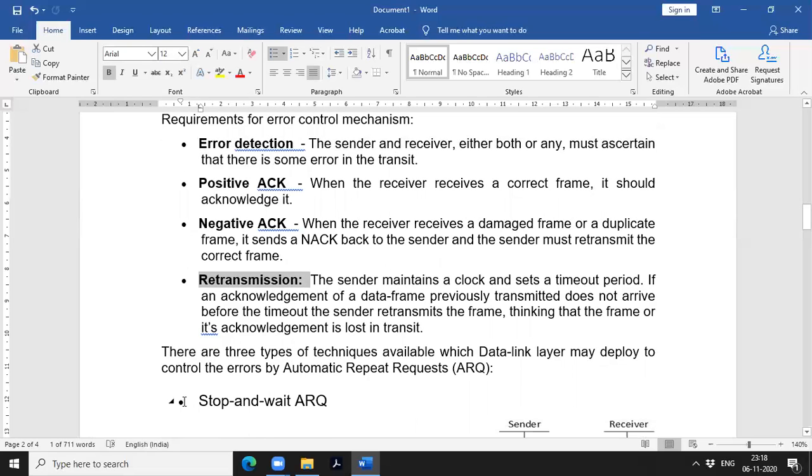Okay, so let us see. First we will see about the stop and wait protocol. This method is mainly used to implement automatic repeat request.